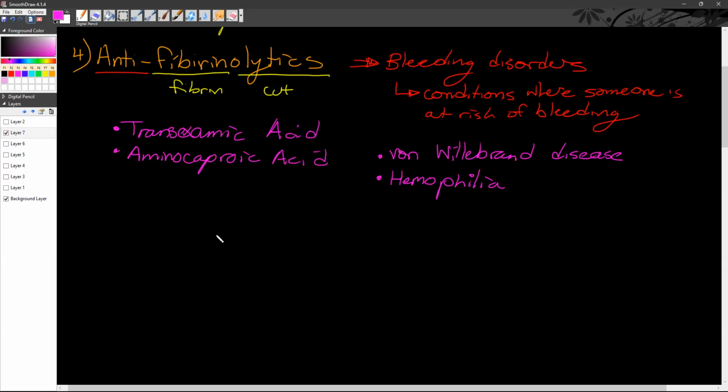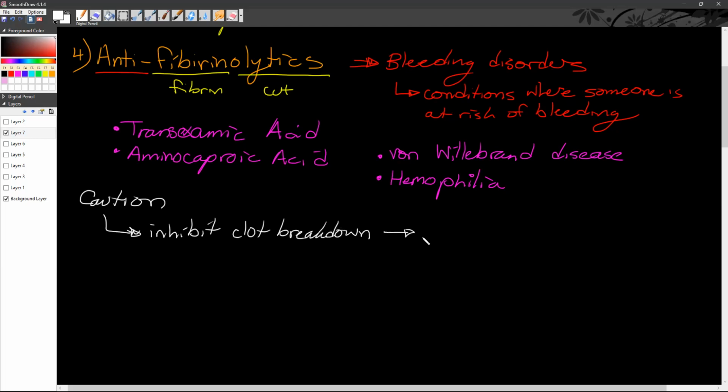The danger, though, is what happens if you use these drugs? What's the potential outcome that can come from antifibrinolytics? If you inhibit the clot breakdown, isn't it that you can develop a thrombus? Exactly.